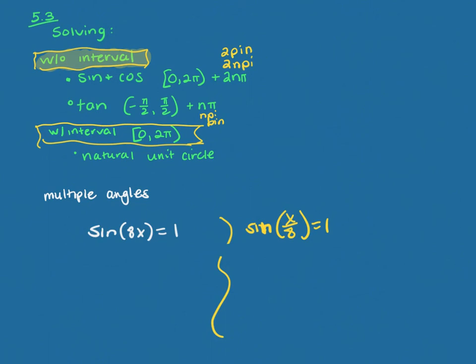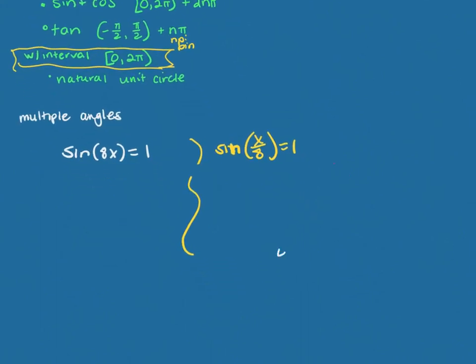And then if this was like sine of x over 8 equals 1, I'd still start with the same answer, pi over 2 plus 2n pi, but then I'd multiply everything by 8. And I'd get x equals 8 pi over 2 plus 16n pi, and as always, we would reduce, so it's 4 pi plus 16n pi as an answer that is typed in, which is what this would be.